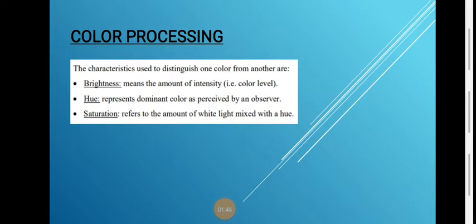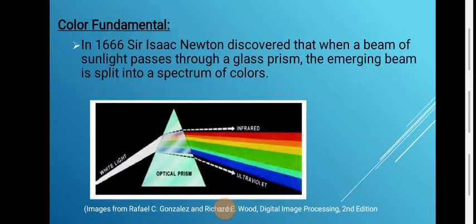How much color or light intensity the observer perceives, that is hue. Saturation is the amount of white light mixed with the hue, that is the original color. How much white light we are blending with the original color is the saturation.